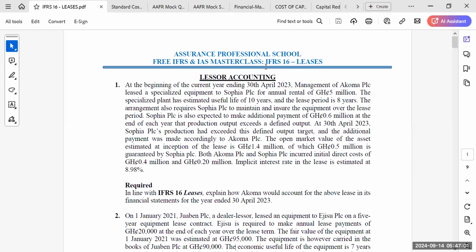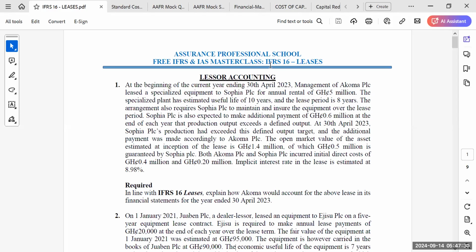Let's come to the other one. Do you have any residual value here? Is there any issue of residual value? I think it's 0.5 million, sir. Now we use both, the guaranteed and unguaranteed.